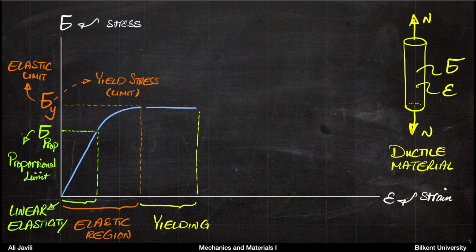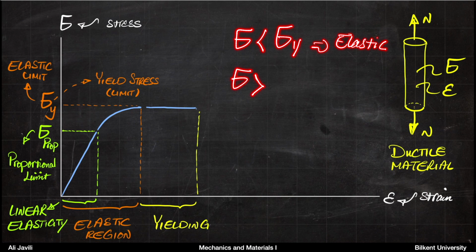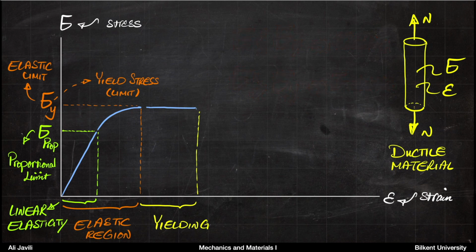Okay, so if stress is less than the yield limit, this is elastic. If stress is larger than or equal to this yield stress, then it's inelastic. In this case, we talk about perfect plasticity.